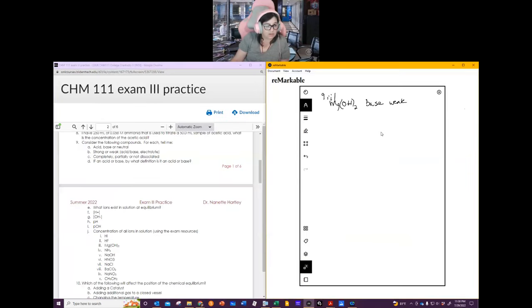Okay, so it's a weak base, which makes it a weak electrolyte. Generally speaking, you'll find that if it's a weak whatever, it's also a weak electrolyte. Strong whatever is a strong electrolyte. It is only going to be partially dissolved.